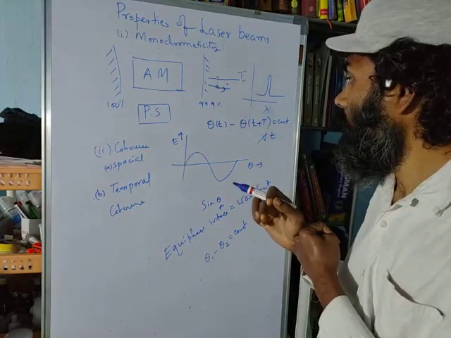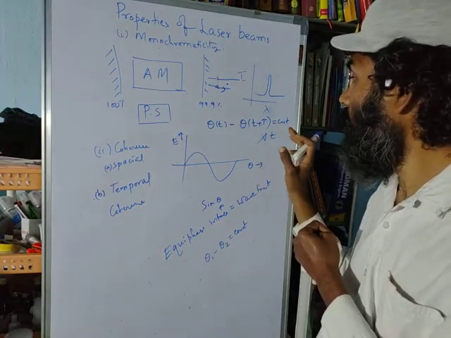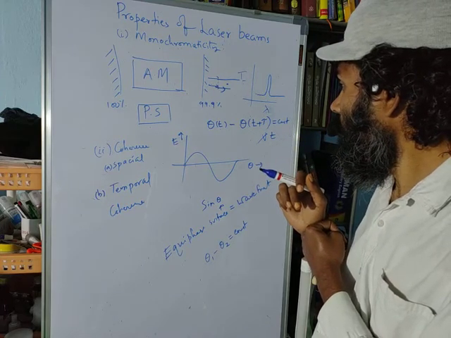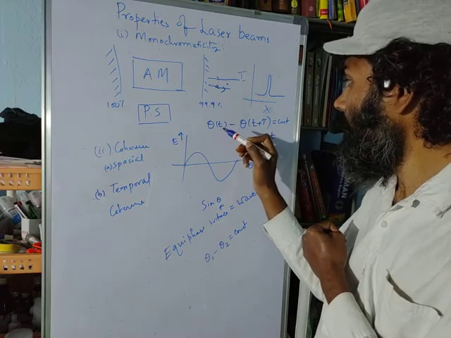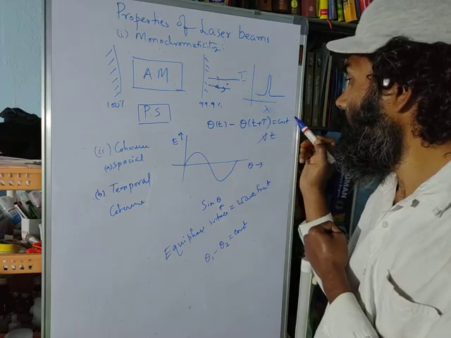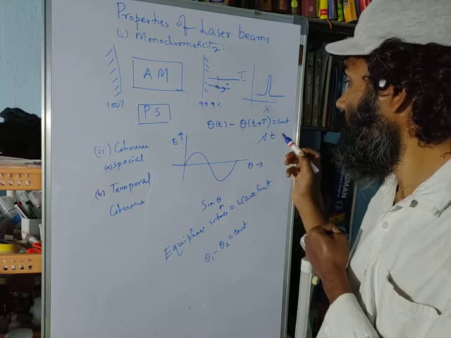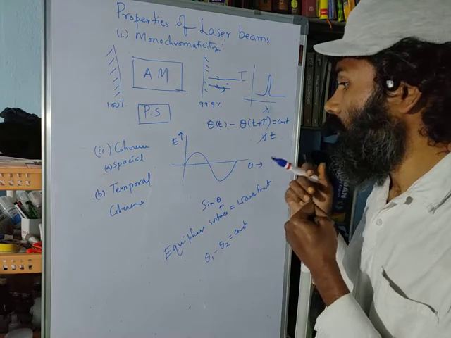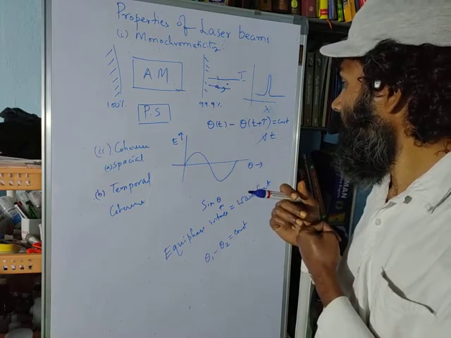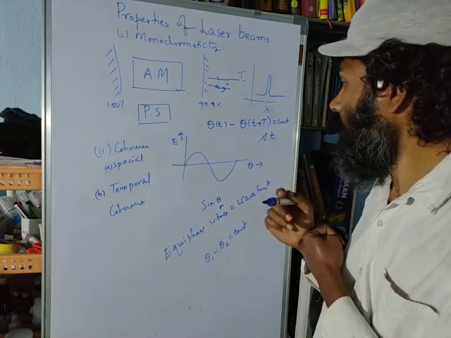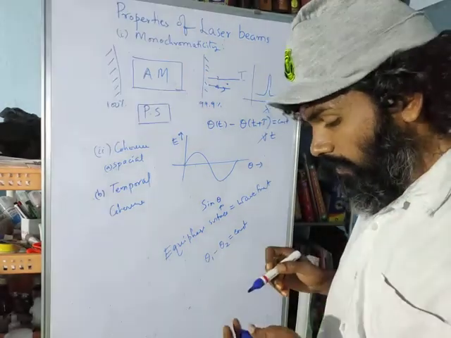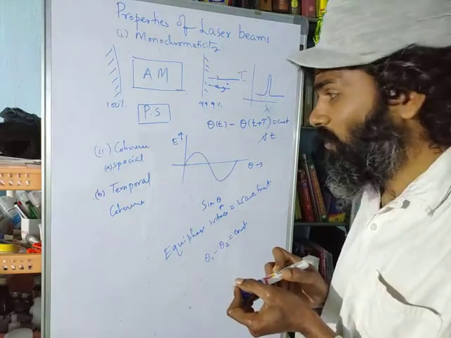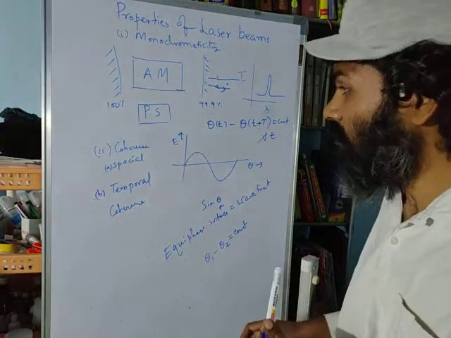And if theta at time t minus theta at time t plus tau is constant, then we say that we have got temporal coherence, and it should be for all times. And this is it for this topic. They are slightly confusing anyways, to be honest, but we should pay more attention.